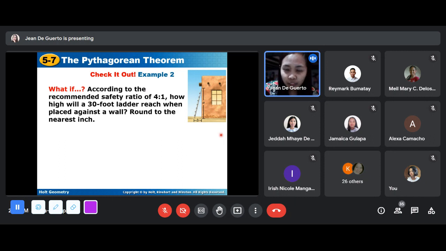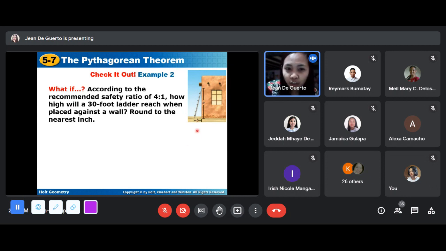So ayan, meron tayong figure dito. So kung ito yung building natin, okay, nandito yung ladder. So pag nilagay natin yung ladder doon sa wall, makaka-form tayo ng right triangle, I should say.